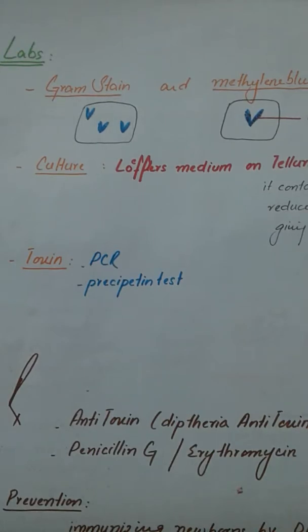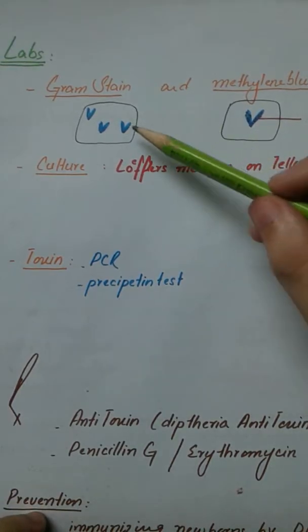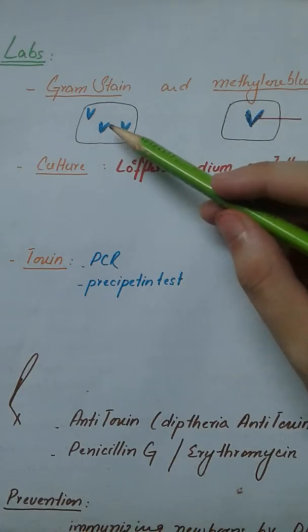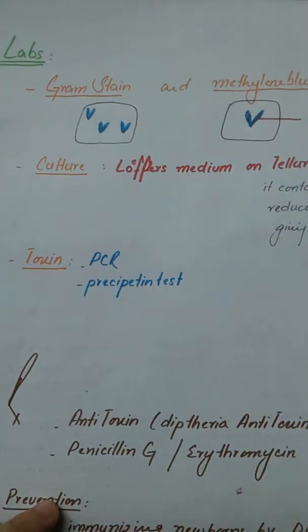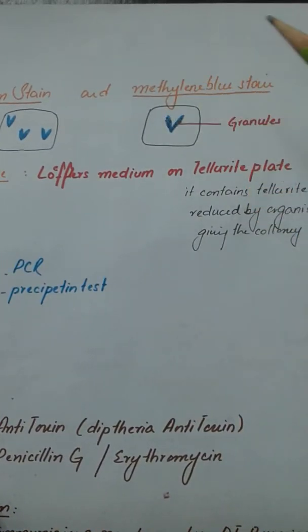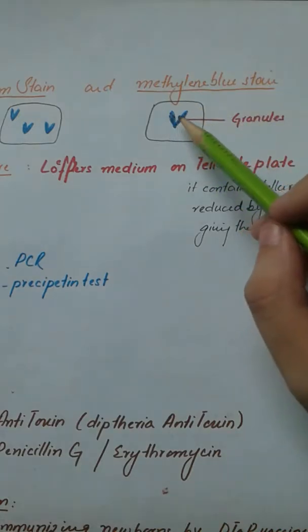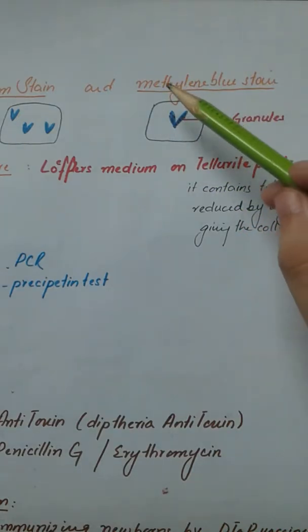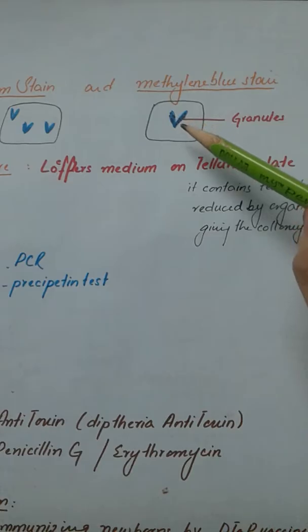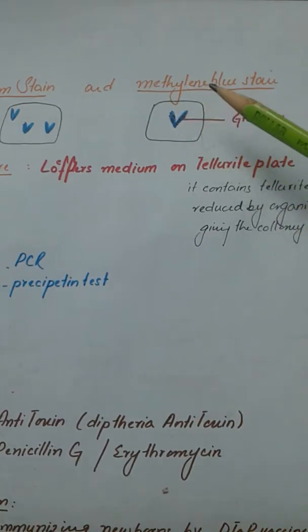Now, the laboratory diagnosis of this organism is that we use a gram stain, which will show V and L-shaped rods, and by using methylene blue, we can differentiate it from other bacteria which are also V and L-shaped, such as Listeria monocytogenes, because with methylene blue it has reddish colored granules because of the phosphate bonds.